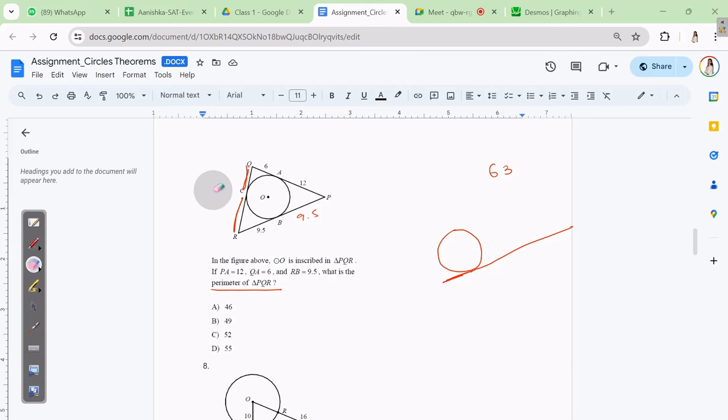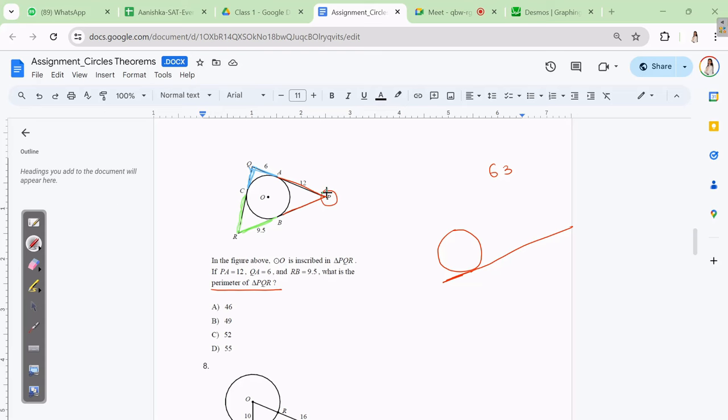So the theorem is, if you remember the second theorem, that tangents drawn through the same external point are congruent. So PA and PB will be congruent, and QC and QA will be congruent, and RC and RB will be congruent, because the tangents drawn through the same external point are congruent.